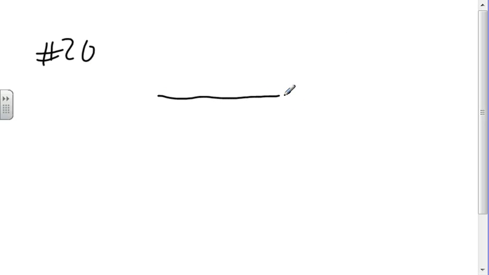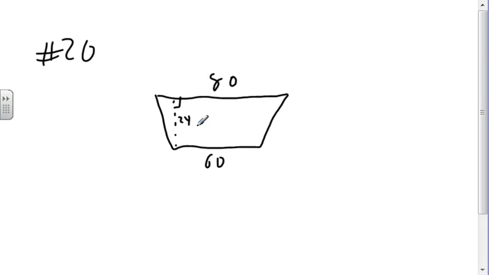All right, so I'm going to make a picture that looks like that. We know that this is 60, that's 80. If I do this, I have 24. And this goes back 12 feet. Okay, so I need to find the area of the trapezoid in feet, these are inches, in feet, and then multiply it by 12 in order to get the volume.